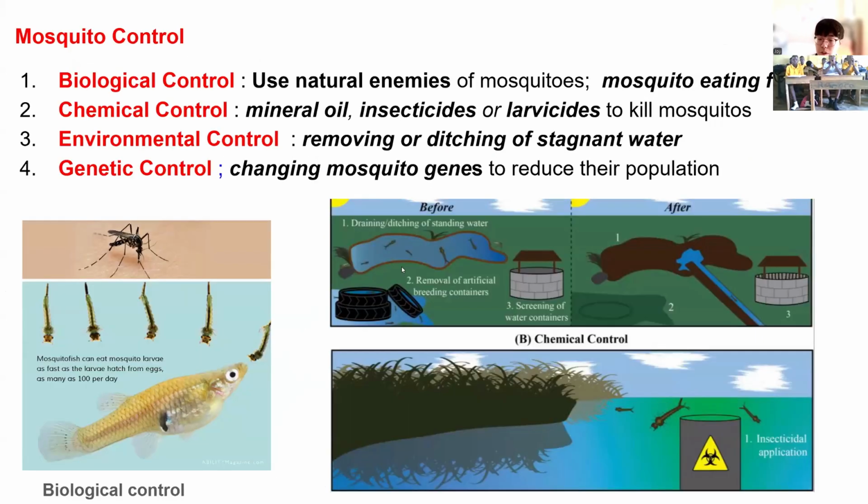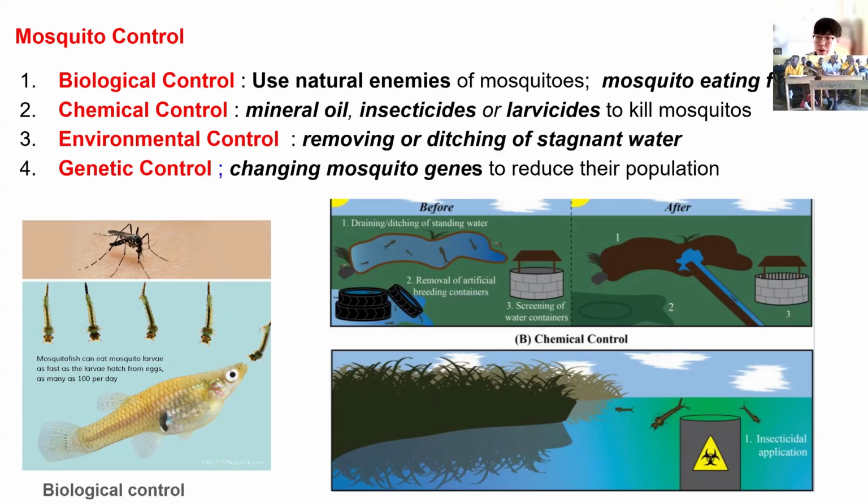Let's move on to the next topic today, which is mosquito control. There are multiple ways that we can control mosquitoes. Mosquito control is usually done by killing the mosquito larvae or sometimes the eggs, or by removing the habitat overall.